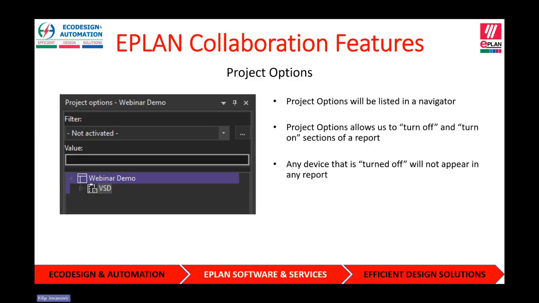And you can create your own option, assign different pages, different objects to the option, and then you can turn off, quote unquote, those set pages. And anything that is turned off will not appear in your project. It'll be hidden from your project, and it will not be picked up in any reports or any Excel exports that you do.